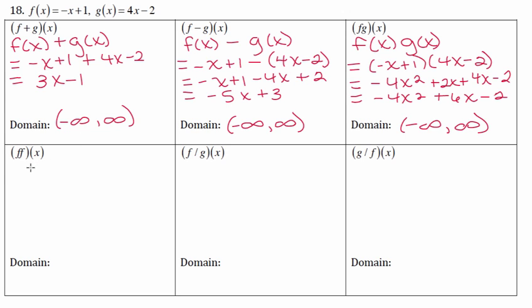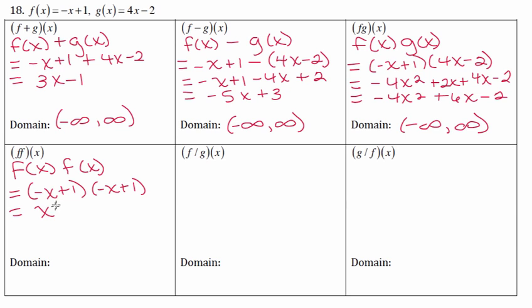And then we have f times f of x, which is f of x times f of x, if I write it out expanded. And f of x is negative x plus 1. So you can write that as just being squared, or you can expand that out and write it again, which I like to do because I can FOIL easier that way.